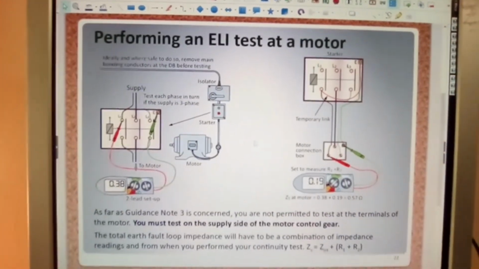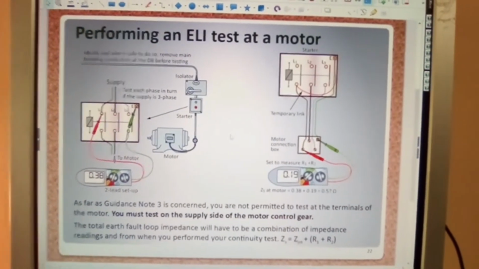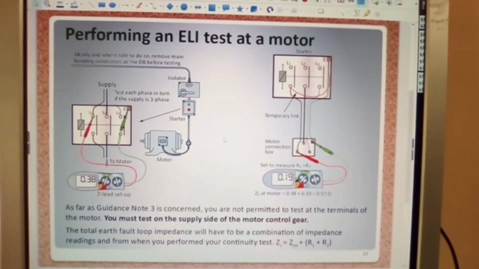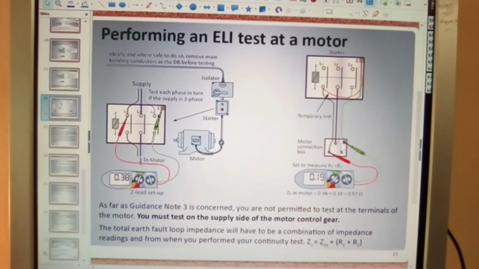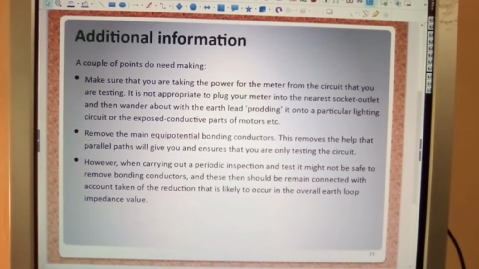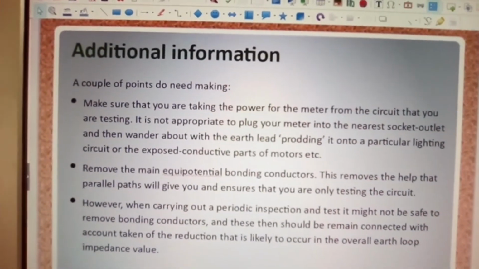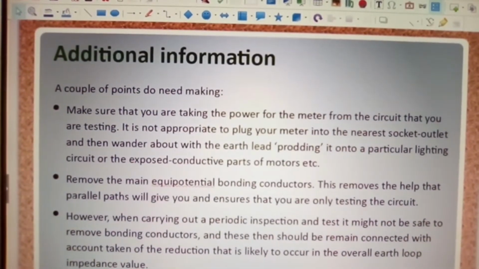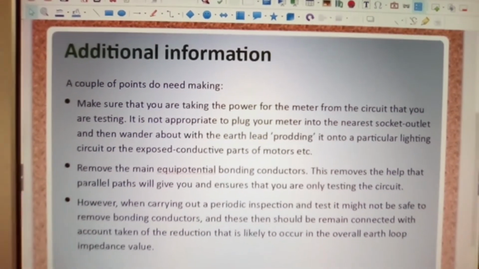Let me just pan out. Again, here I don't need to do a lot of talking on this because you should now be familiar with a lot of this yourselves. And here's some additional information.